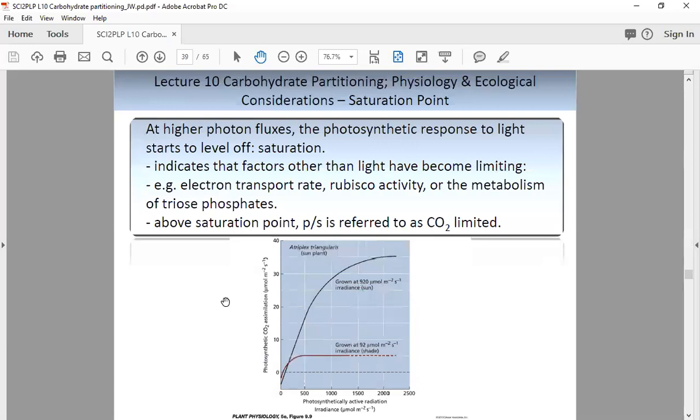So crop productivity is related, of course, to the total amount of light received during the growing season, and given enough water and nutrients, the more light that the crop receives, the higher the biomass.